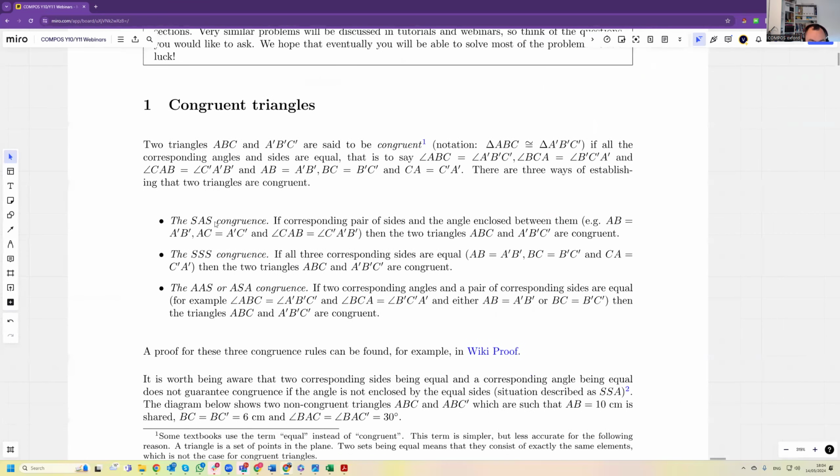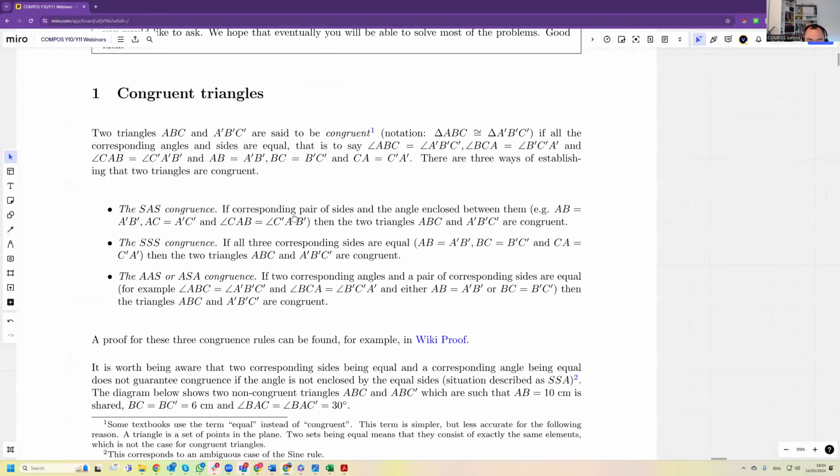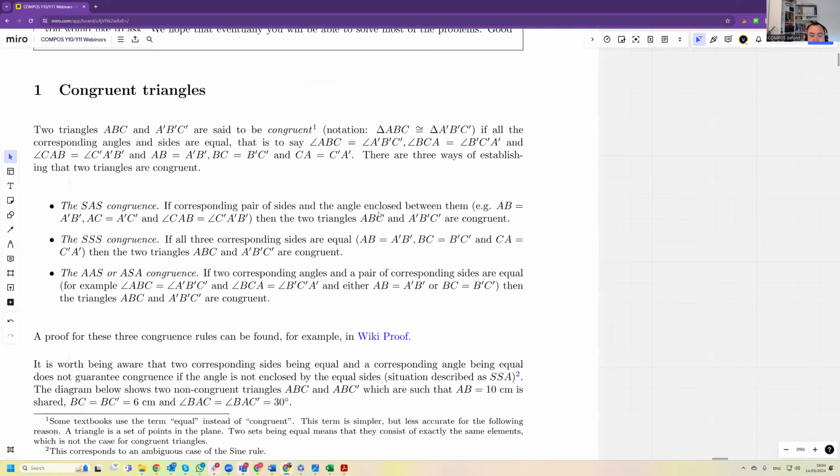So we have the SAS congruence. If corresponding pair of sides and the angle enclosed between them. Are you familiar with these, by the way? Familiar with the SAS, SSS, AAS, and SAA?